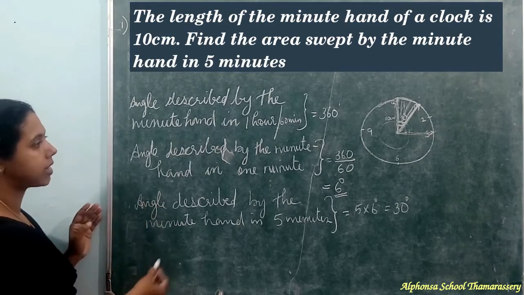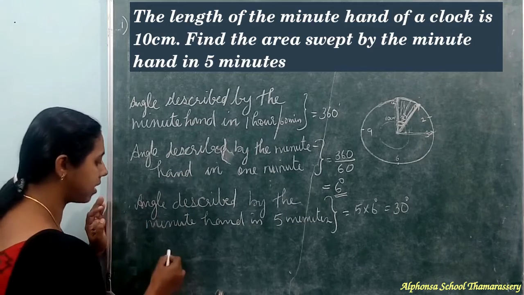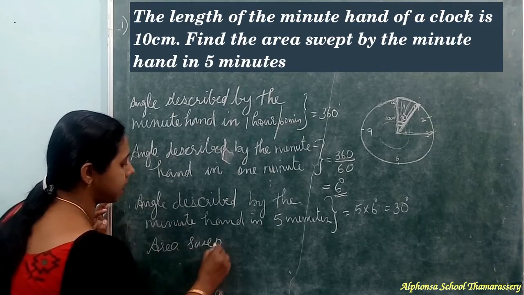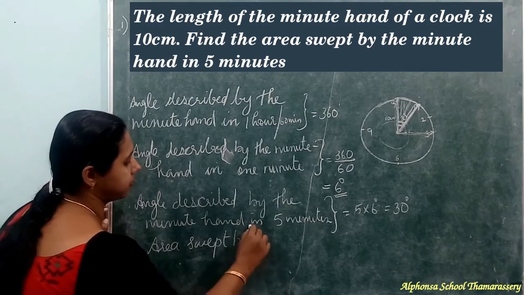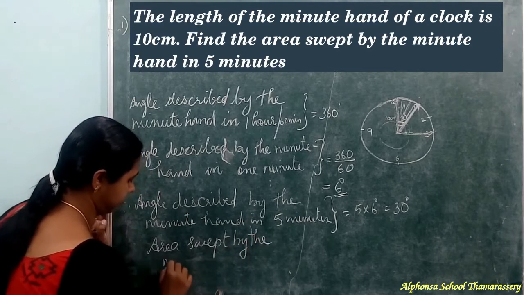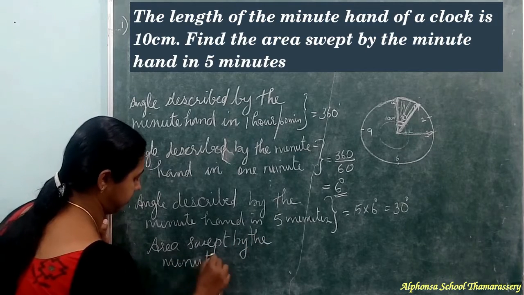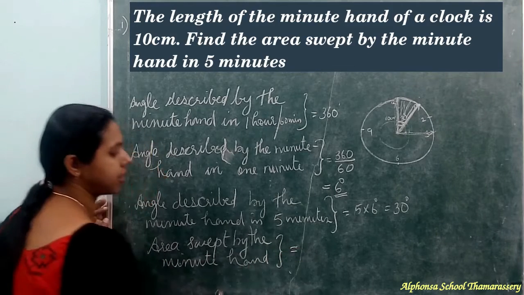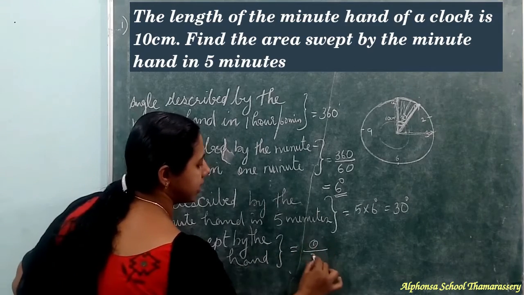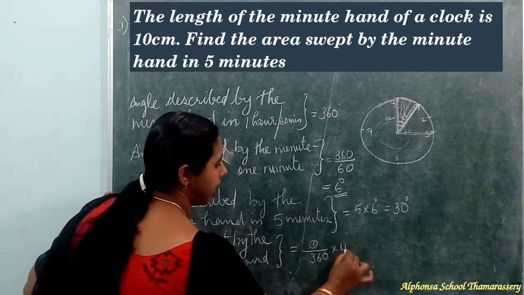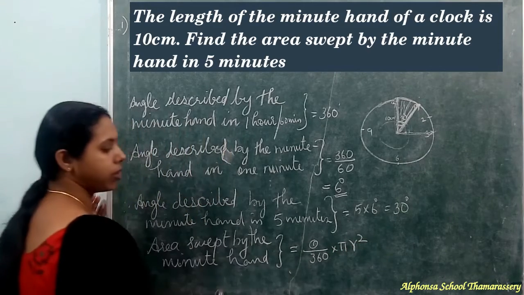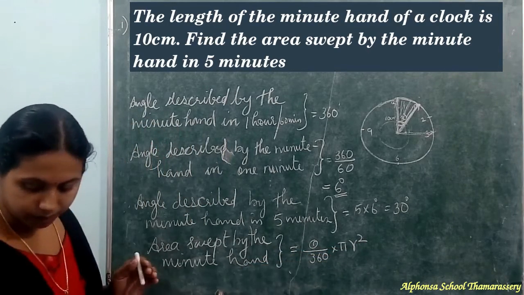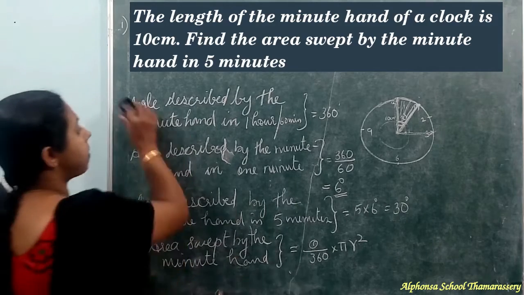So the area swept by the minute hand is equal to theta by 360 into pi r square. We know the angle and we know the radius, so we can find the area.